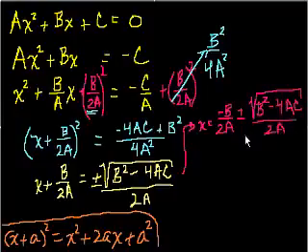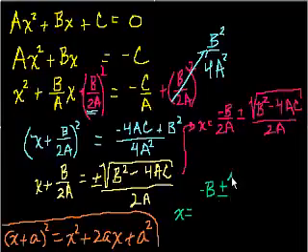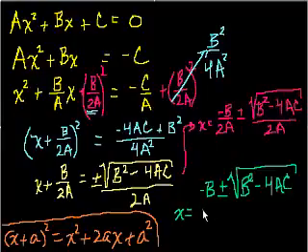And we already have a common denominator, so we can just add the fractions. So we get, and I'm going to do this in a vibrant green color, x is equal to the numerator, negative b plus or minus the square root of b squared minus 4ac, all of that over 2a.